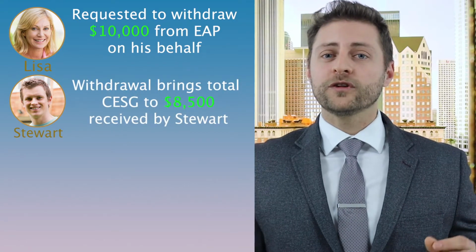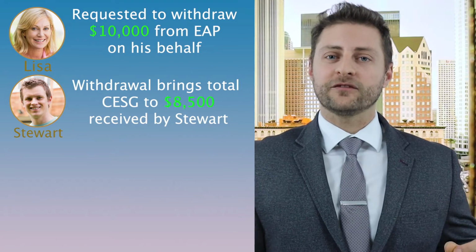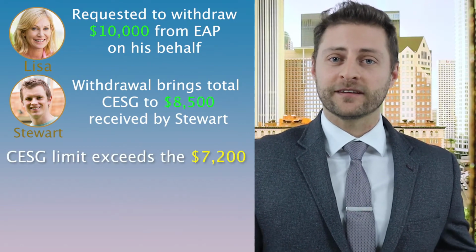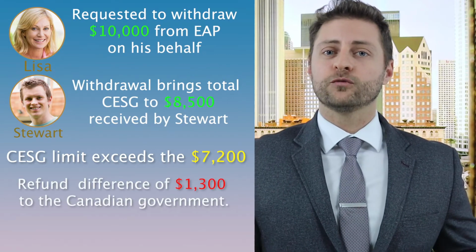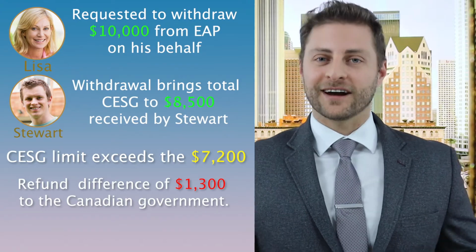This withdrawal would bring the total CESG received so far by Stuart to $8,500, which exceeds the $7,200 CESG limit. Therefore, Stuart would need to refund the difference of $1,300 back to the Canadian government.